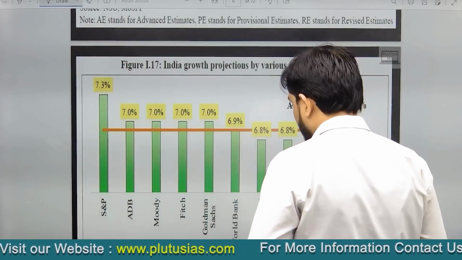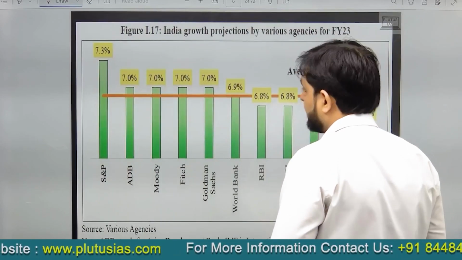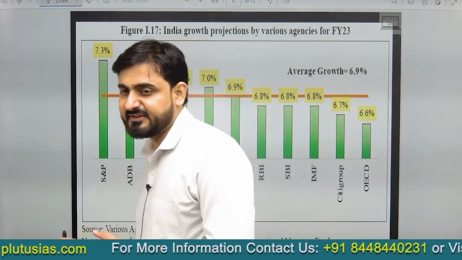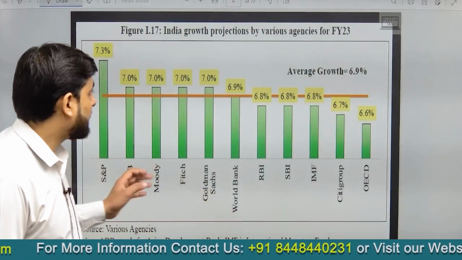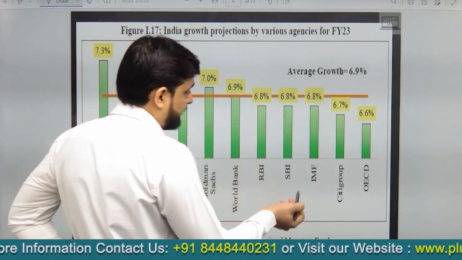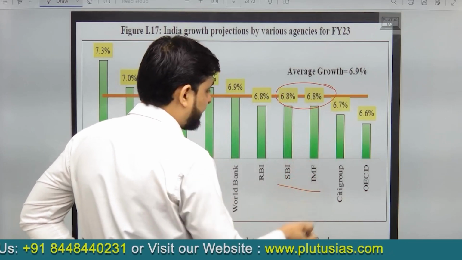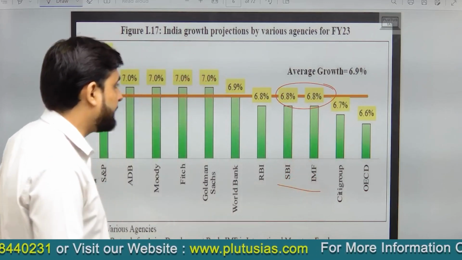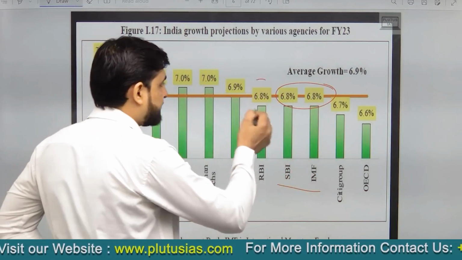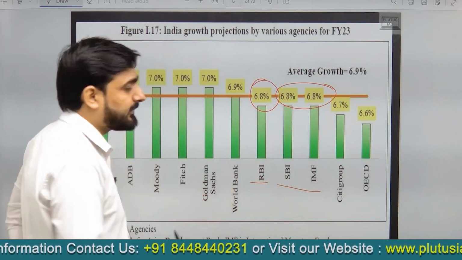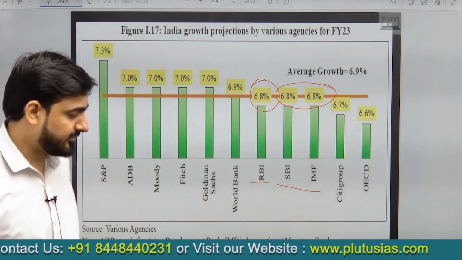Now, another objective of measurement of GDP is to estimate the growth, just like IMF, SBI, RBI projected 6.8% growth in 2023-24.